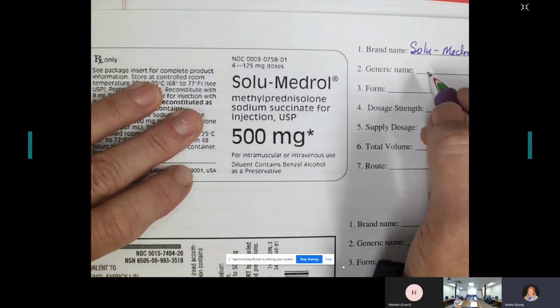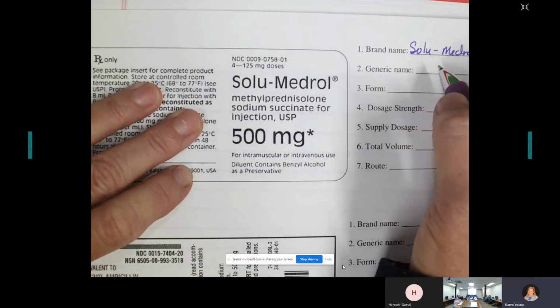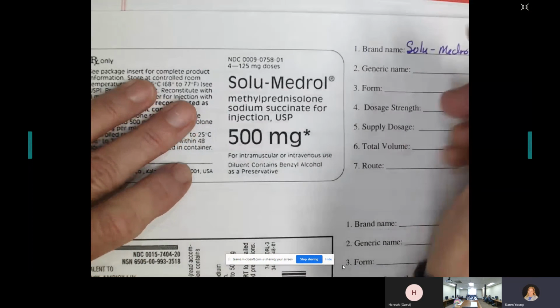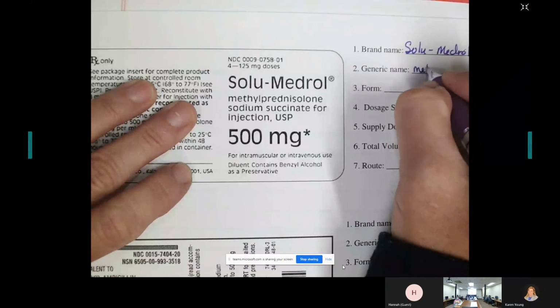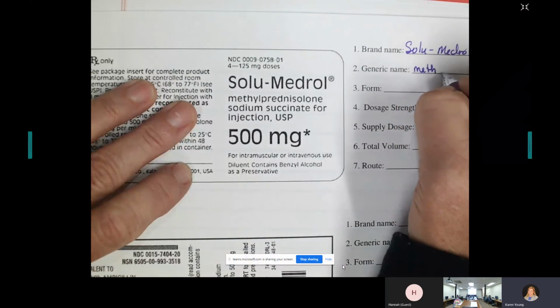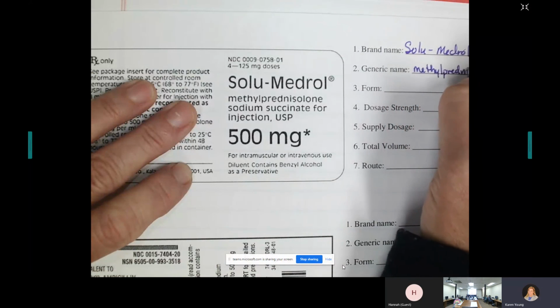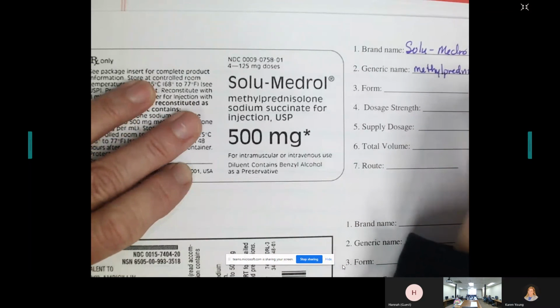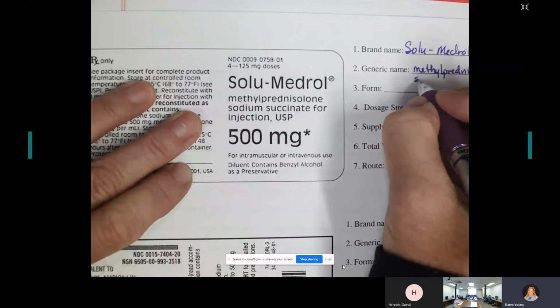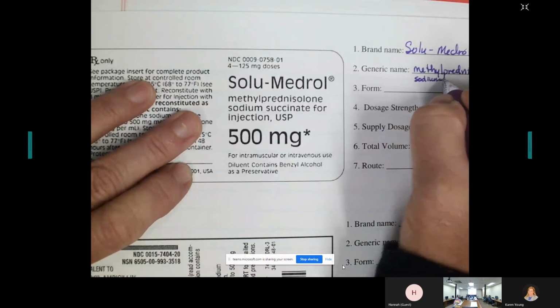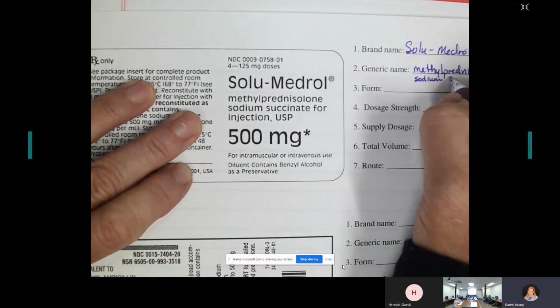Methylprednisolone. Got to say it fast so nobody knows you screwed it up. METHYL, I have to spell it. And it's also the sodium succinate.